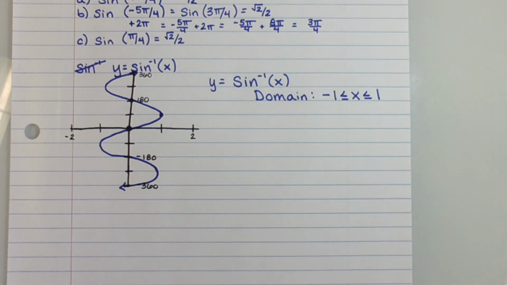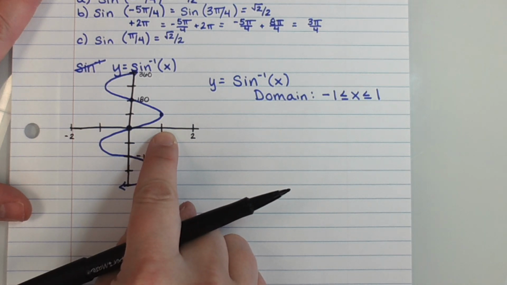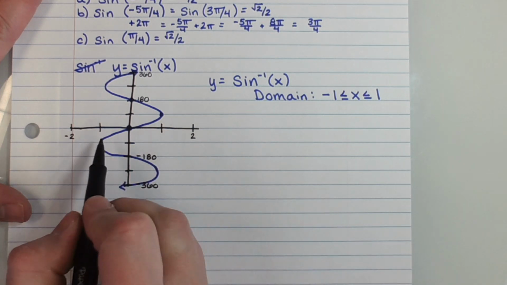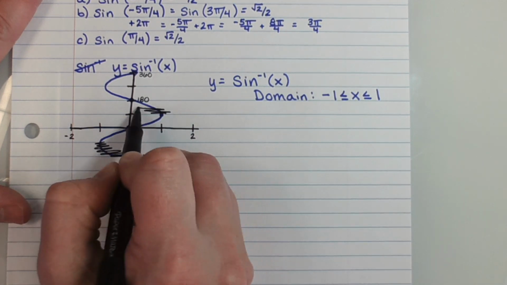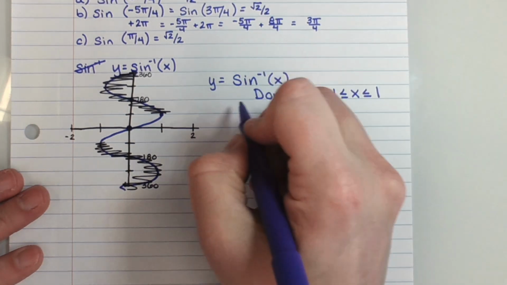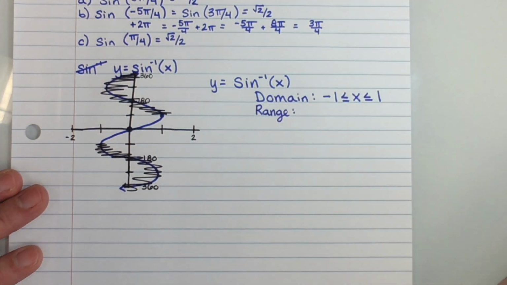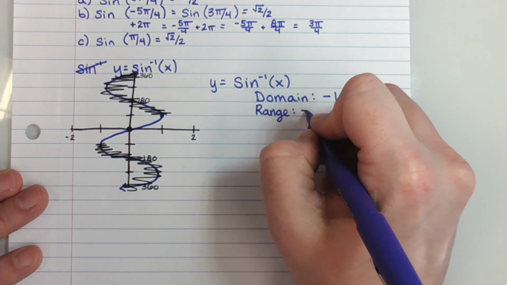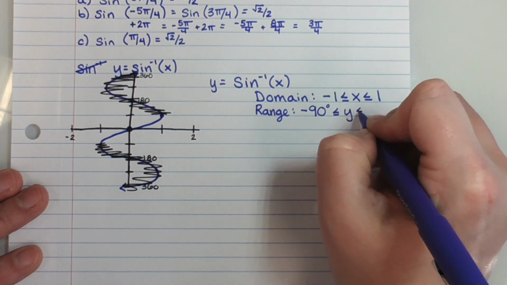And they said, if I want all values between -1 and 1, the easiest place to mess with it is to get rid of this and to get rid of this. Making the range of sine inverse to be between -90 degrees and 90 degrees.